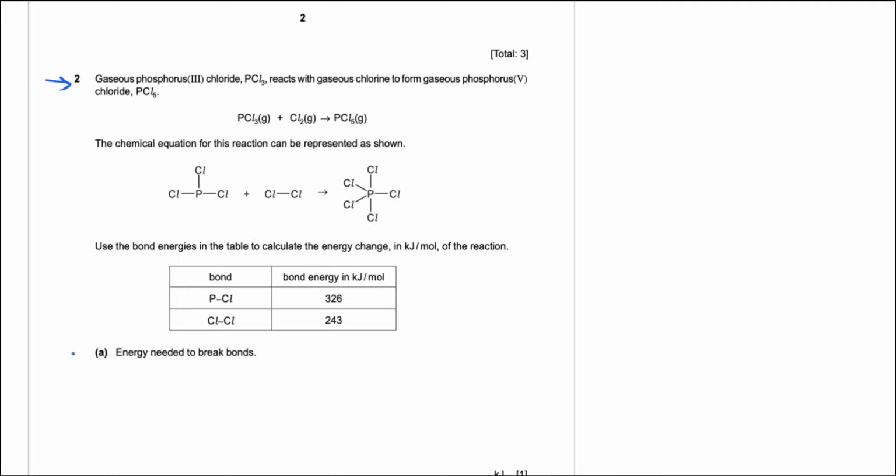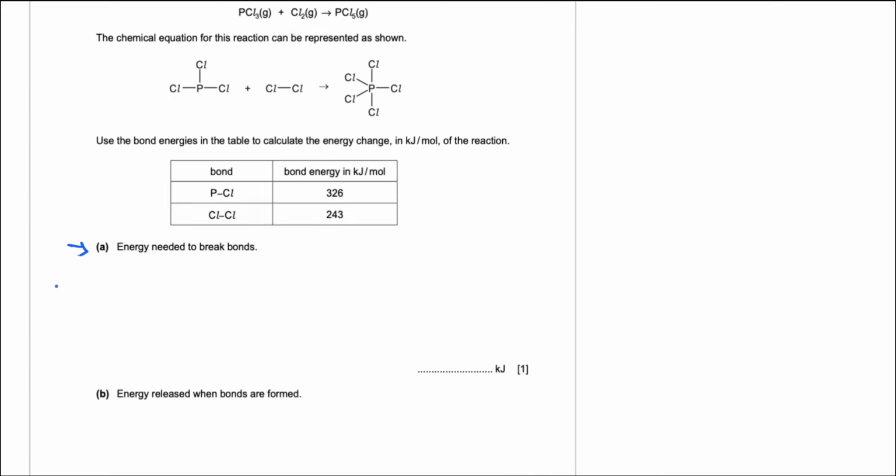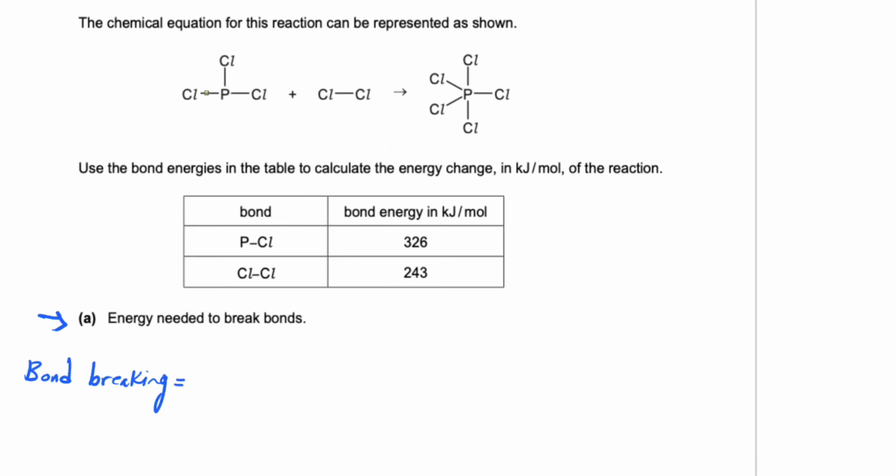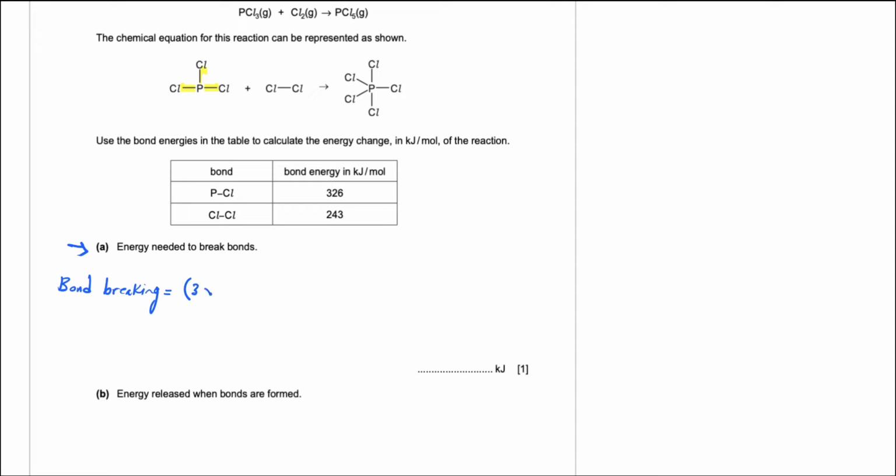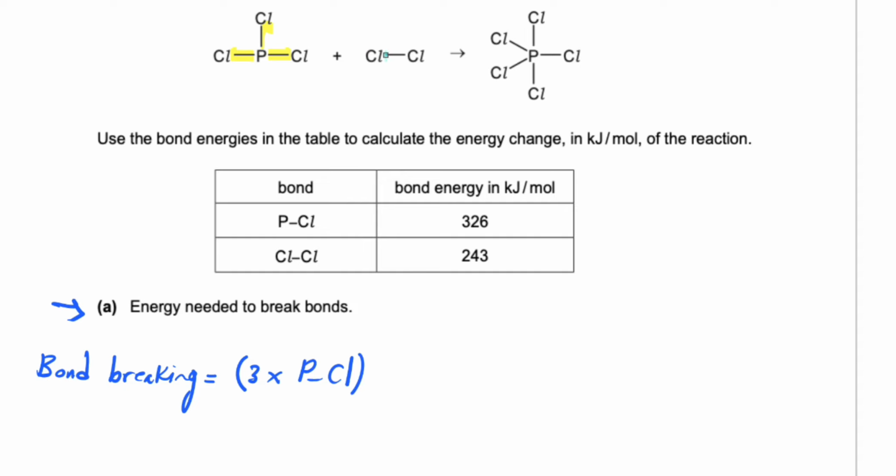In the first point, as usual, he's asking for bond breaking energy. So here we are calculating the energy of the bond breaking. Once again, we have three bonds between phosphorus and chlorine in one molecule. So we have 3 times the bond energy between phosphorus and chlorine. And we have one bond between chlorine and chlorine.